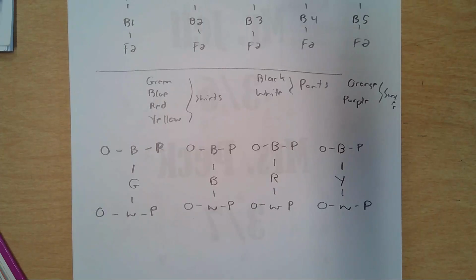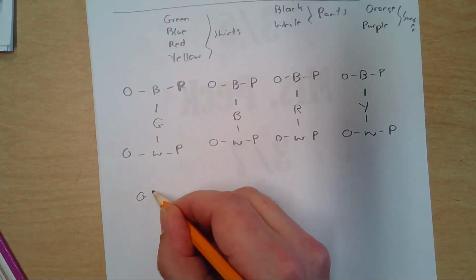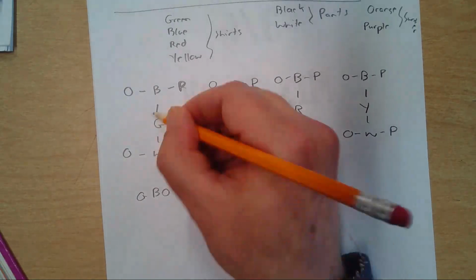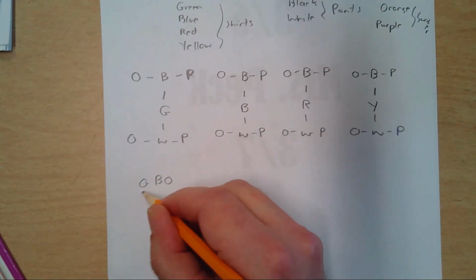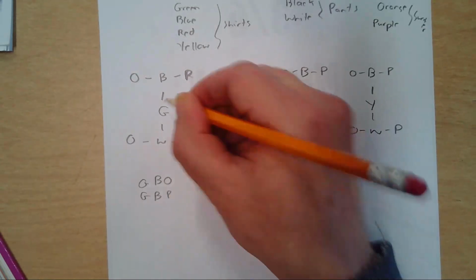So if I count out how many total outcomes there are, I could have the green shirt, the black pants, the orange sweater. I could have the green shirt, the black pants, the purple sweater, this one.